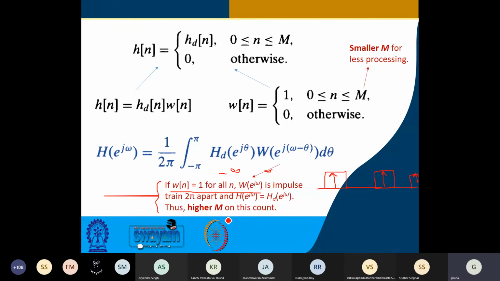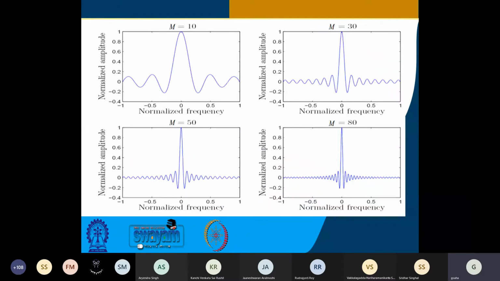But the idea here is, if you increase the value of m, it will get closer and closer to the actual filter response. This is the message that we get. Asymptotically it would be like this.